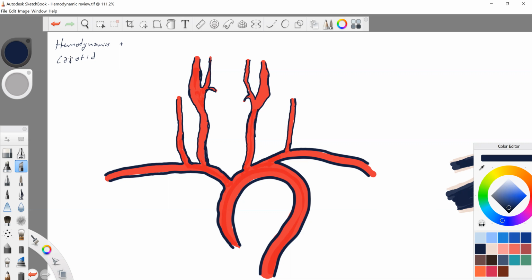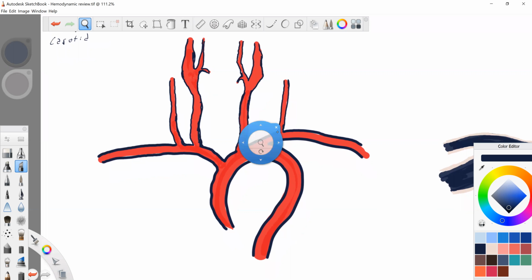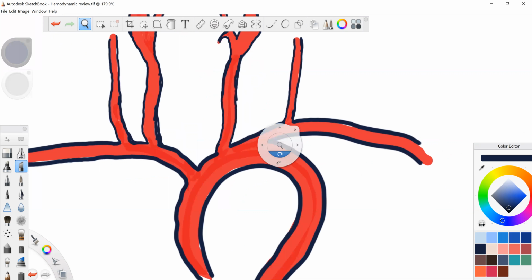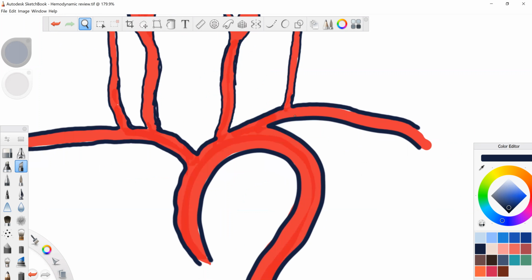Okay, so let's remind ourselves of basic anatomy first. Carotid exam. There are parts here that we don't see, for instance, this entire aortic arch. I'm going to move in a little bit more for me to write clearly.